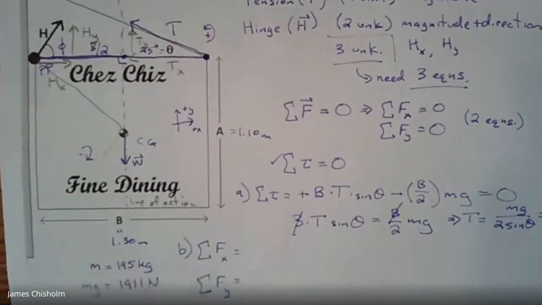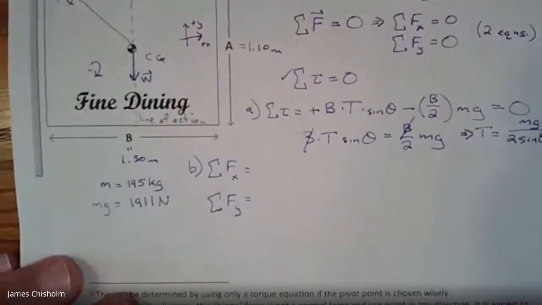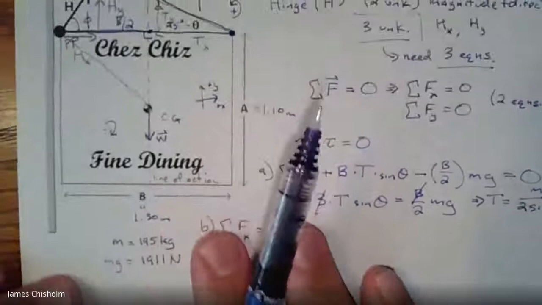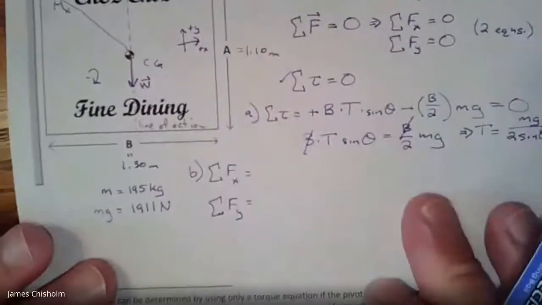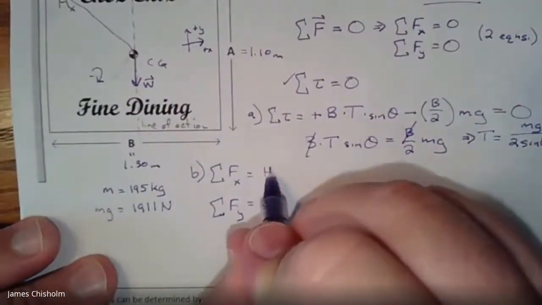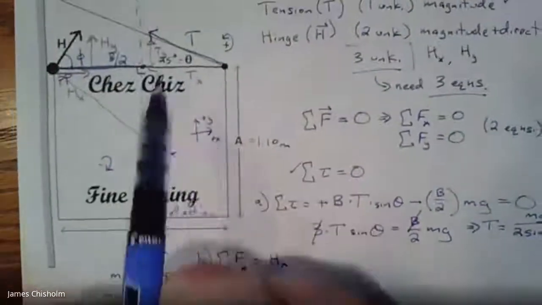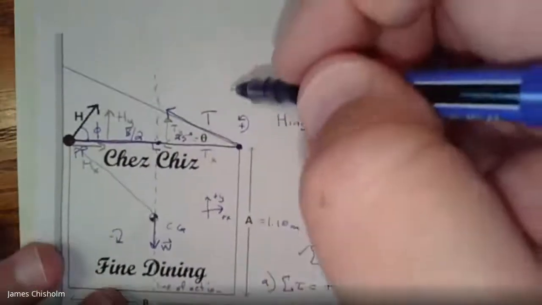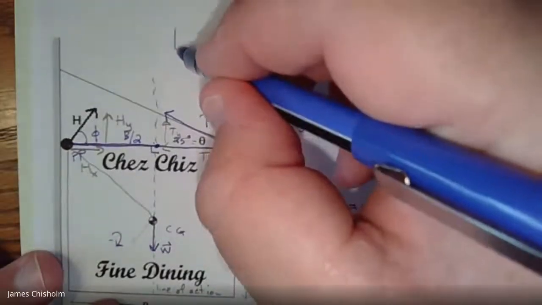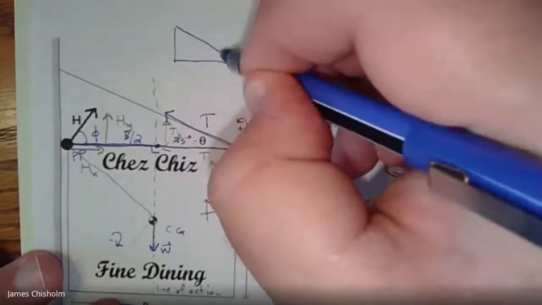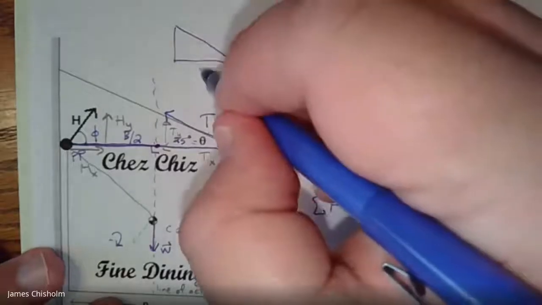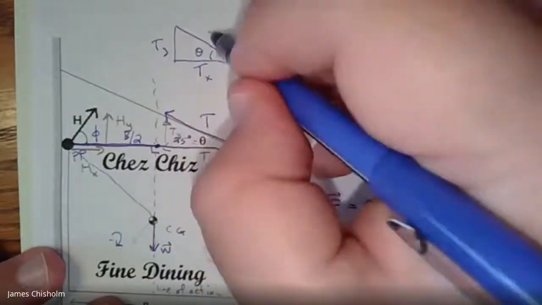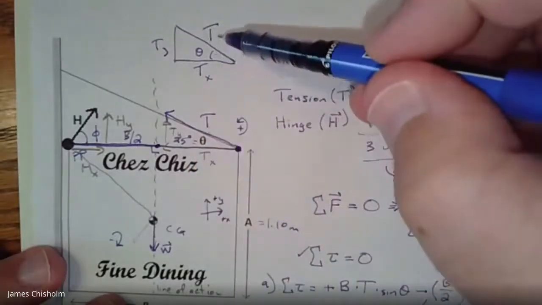So when I first start to write down my force equations in the x direction, I have my Hx, right? That's positive because it's going to the right. That's an unknown. And then I have my Tx, my component of the tension. If we want to, we can redraw this triangle. Here's Tx, here's Ty, here's our theta, and here's our tension that we already know.